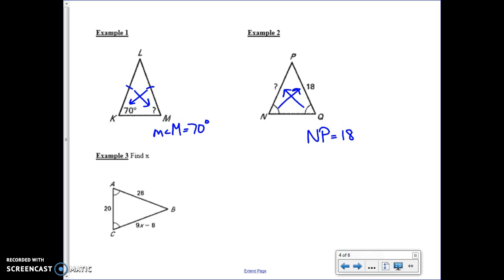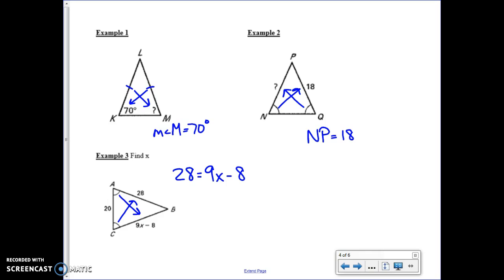Example 3 is stepping up our challenge level a little bit, but I see those angle markings again. So I'm looking across from the angle markings. Notice this 20 over here, nothing's happening to it, but I'm pointing to those two sides across from the angles. Those two are equal in length to each other. They're congruent.